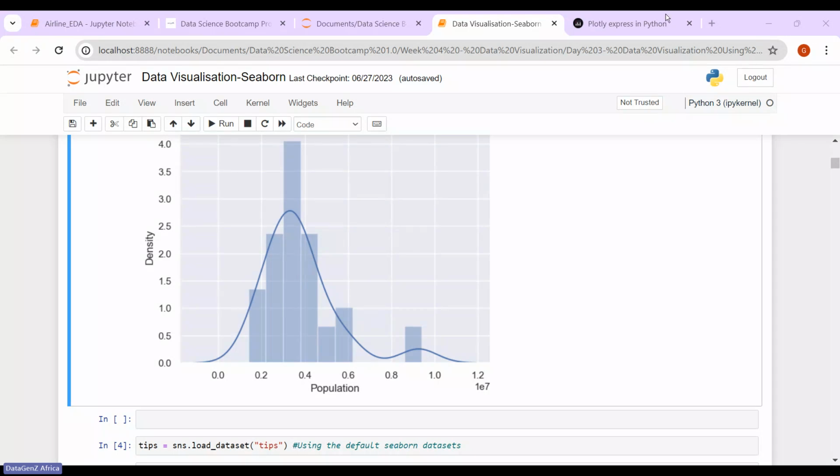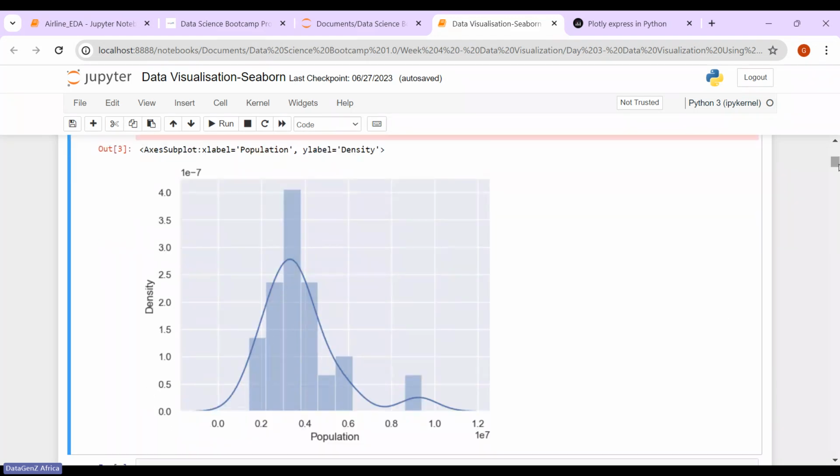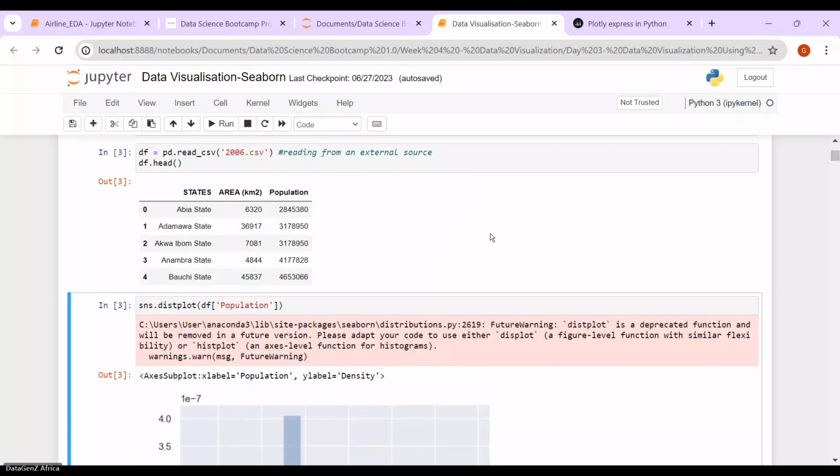That's what a normal distribution tells you. It tells you that most people in that population have their median value aggregated towards the center. So with this plot, you can easily see the shape of your data with respect to the population.